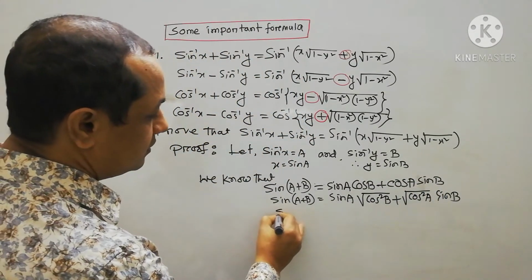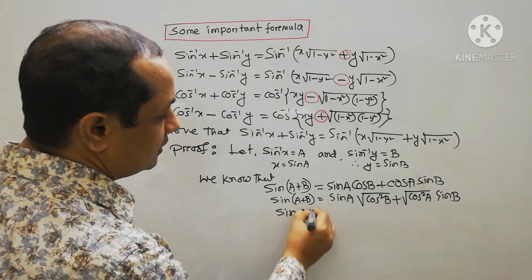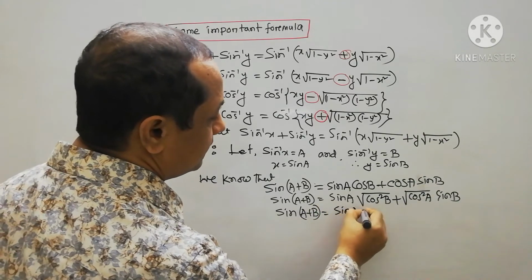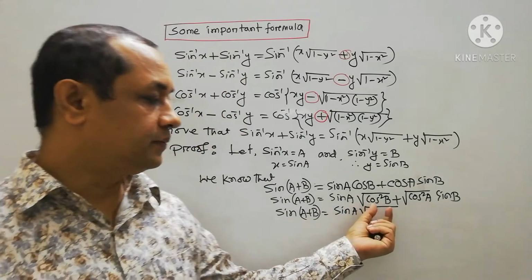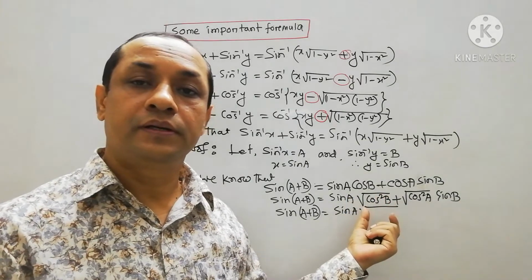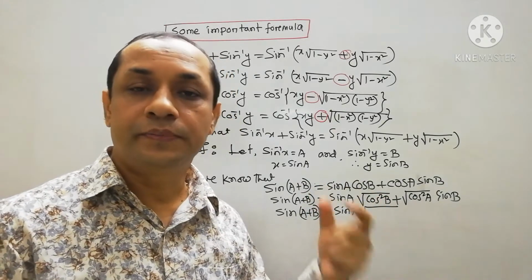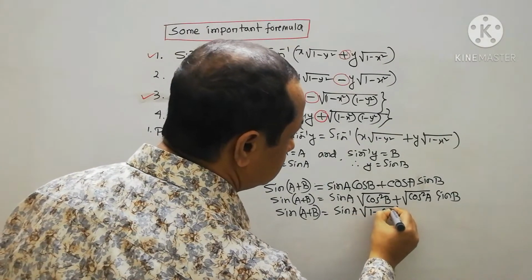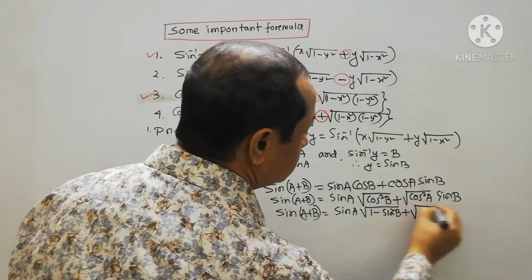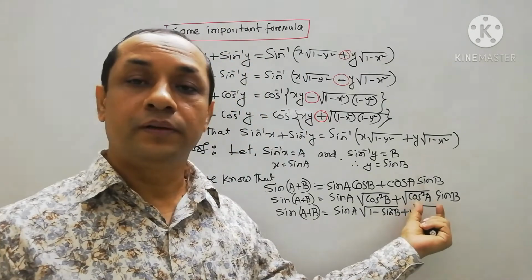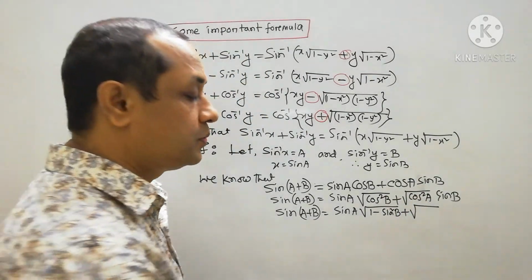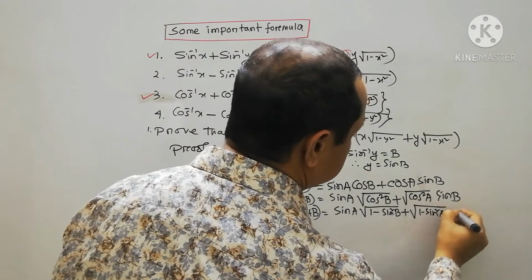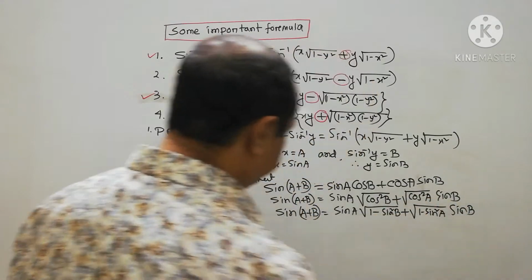So next line: sin(a plus b) equals sin a, and using the formula cos square b equals 1 minus sin square b. Similarly, cos square a equals 1 minus sin square a, into sin b.